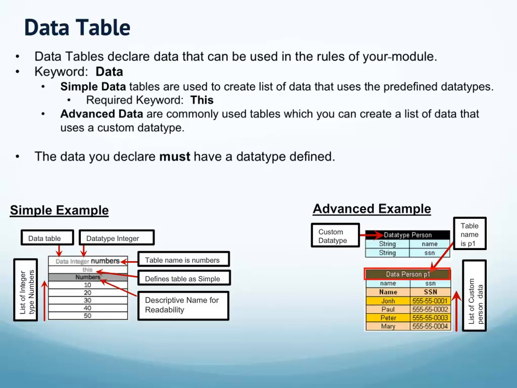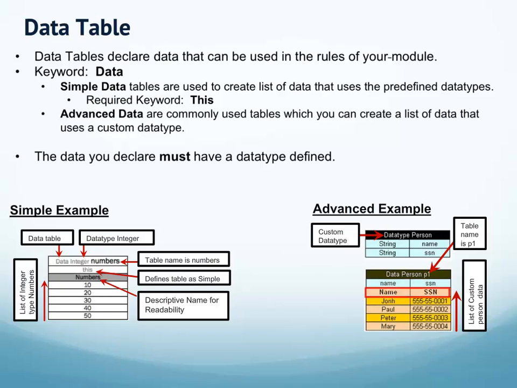So in this example, the advanced data table is the data person P1 table that we have listed there, and data is the required keyword. Person is that custom data type that you're seeing in the table above it, and then P1 is the table name. Then we have the second row, which indicates the data attributes and values.